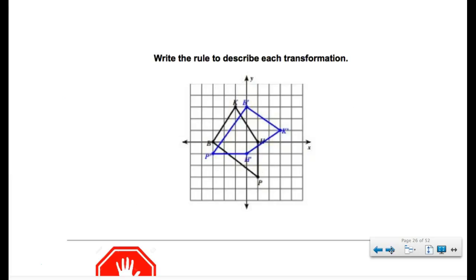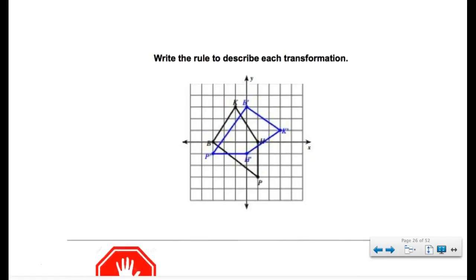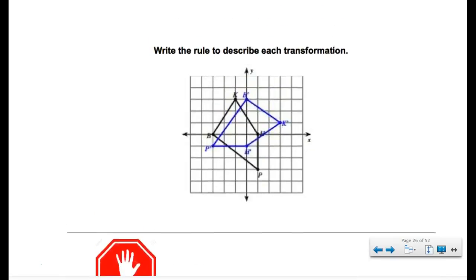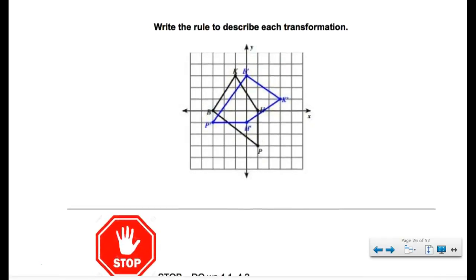Now when you're trying to figure out what the new rule is, what you're going to do is grab a point. Let's grab K. We'll put it in red, I think. I'm going to go look at K prime.